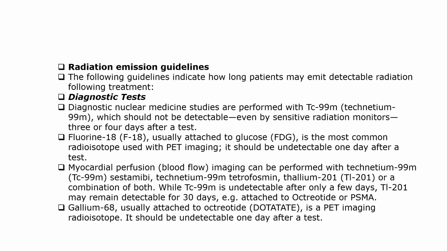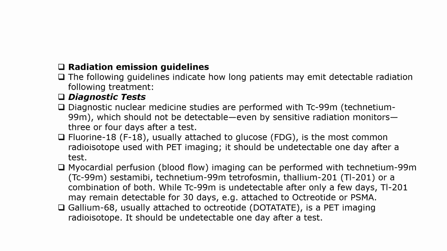Majority of the isotopes used in diagnostic nuclear medicine are technetium-99m based, and they last for 4 or 5 days after the test. They're excreted by the body. Fluorine, which is used for positron emission tomography, is chosen because it has a longer half-life.